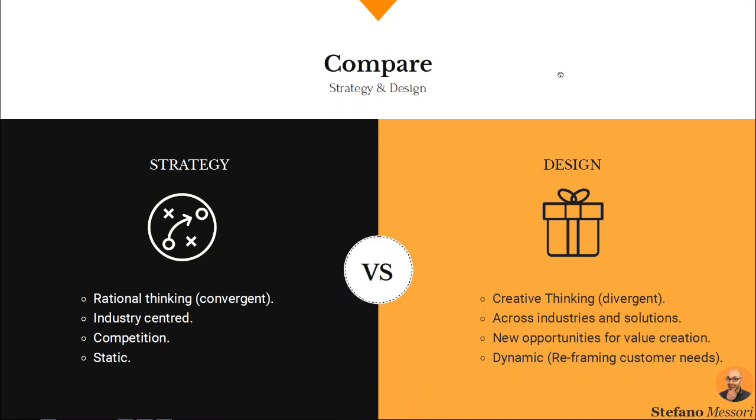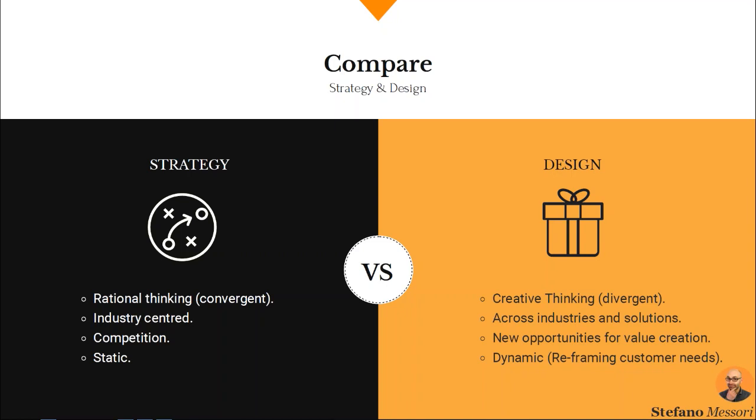But now, many times when I give a presentation similar to this, I receive an observation that is very true. There is a fundamental dualism in the words strategy and design. Because if we look at a conventional strategy, we use rational thinking. We need to converge our thinking towards an already existing strategy. In other words, from many different possibilities, you choose how you compete in your industry. It is also industry-centric.